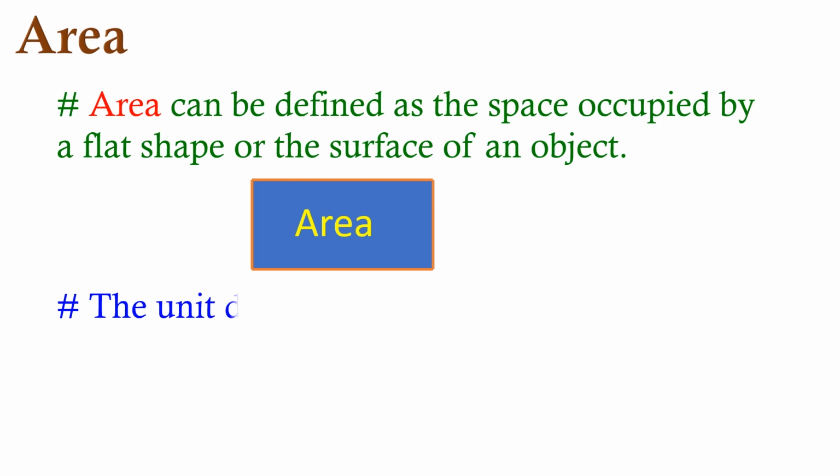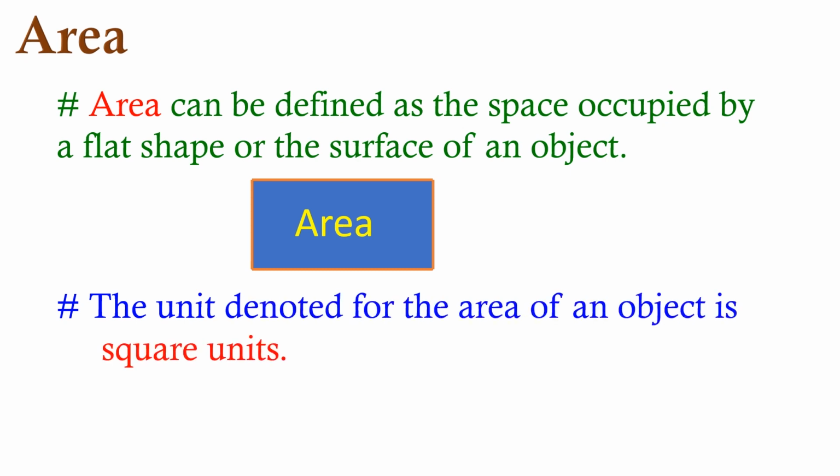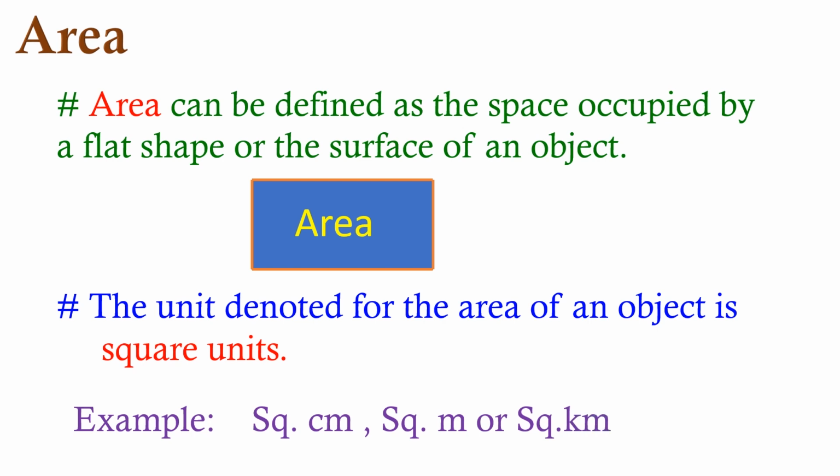The unit denoted for the area of an object is square units. Example, square centimeter, square meter or square kilometer. We can find out the area of an object by using the unit square method or by using the formula.